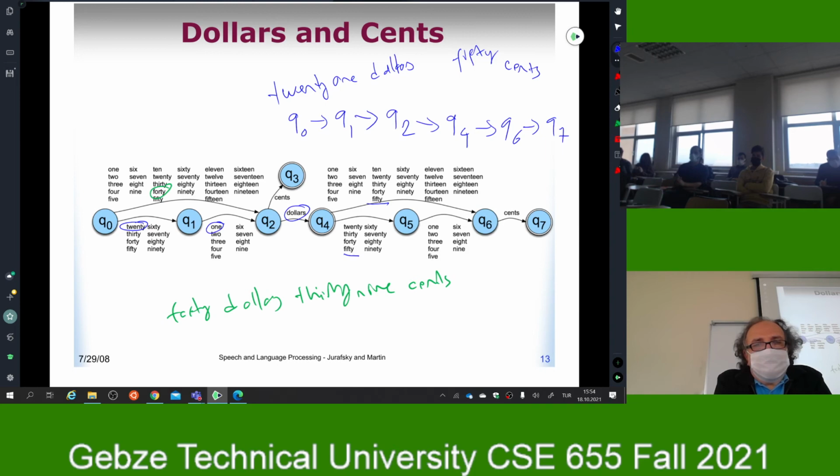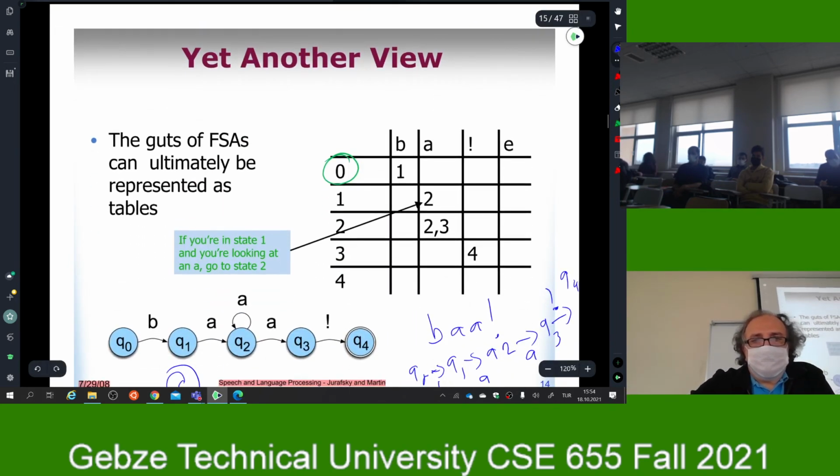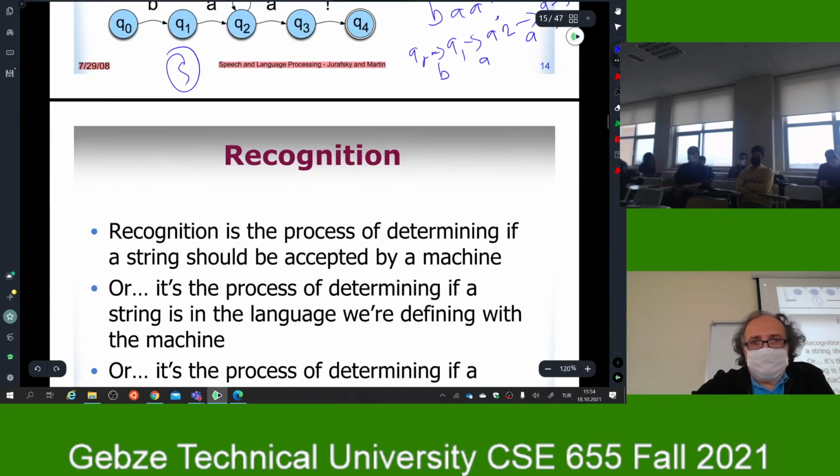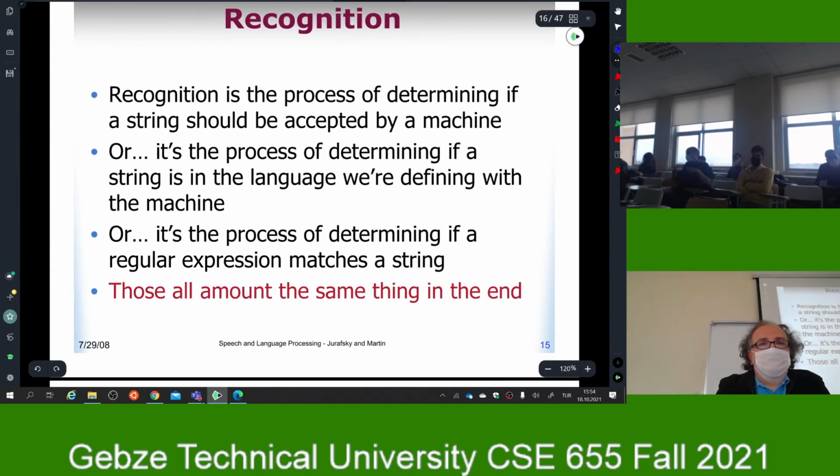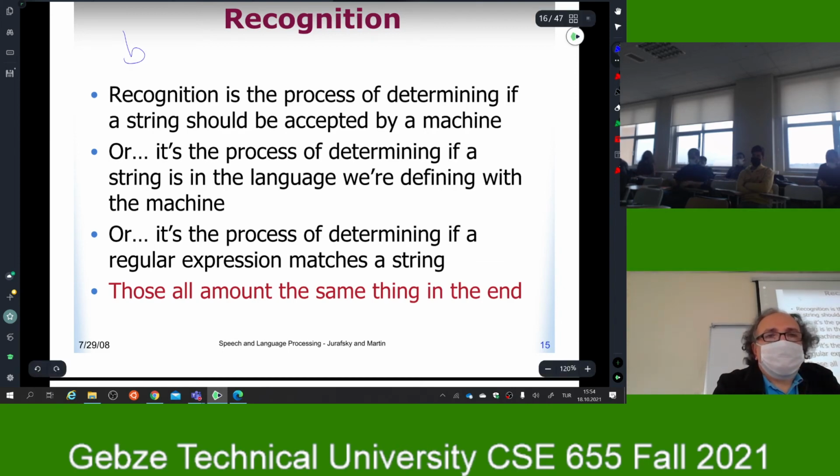Very simple finite state automata, but it is enough to explain these dollars and cents expressions in this case. Let me skip this part. We are after recognition. If somebody says, is this a sheep word?